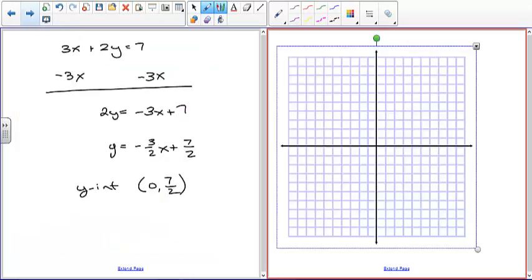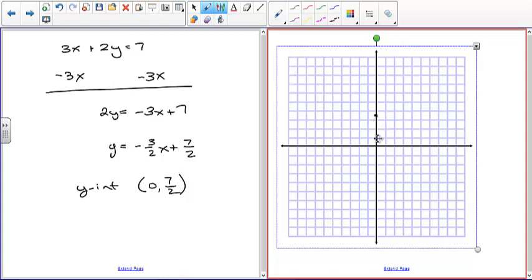So we can plot that on the graph. So we go 0, 7 halves. So 2 halves, 4 halves, 6 halves, that's 3. 1, 2, 3. 7 halves, right there. The slope is negative. Now, in this case, you could go over 3 and down 2.